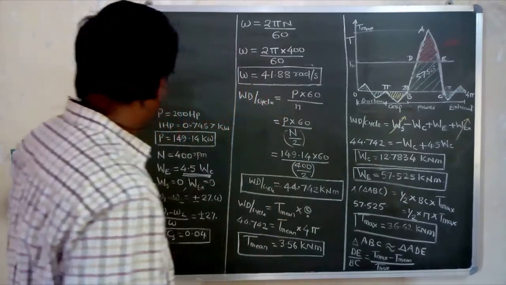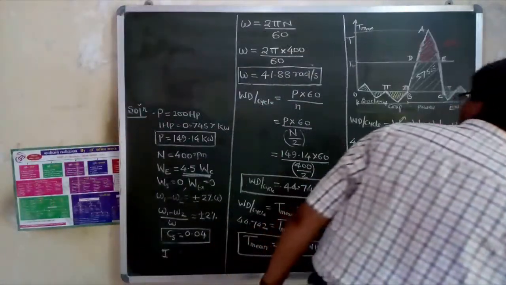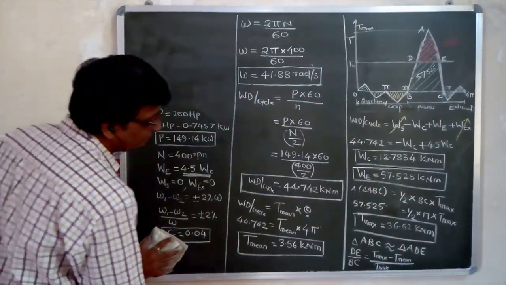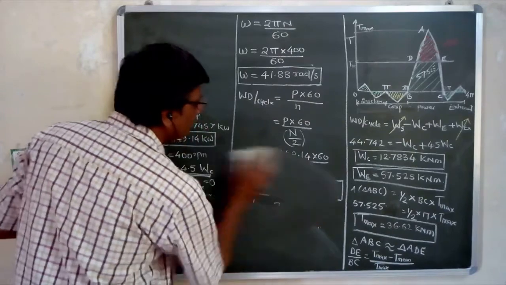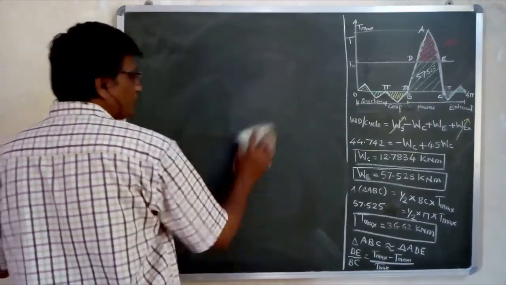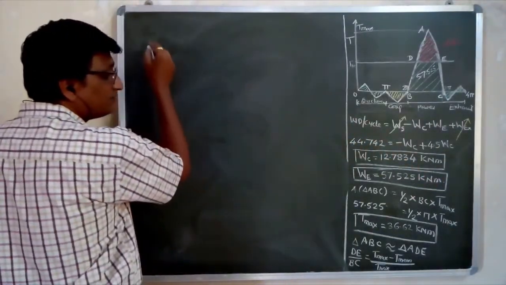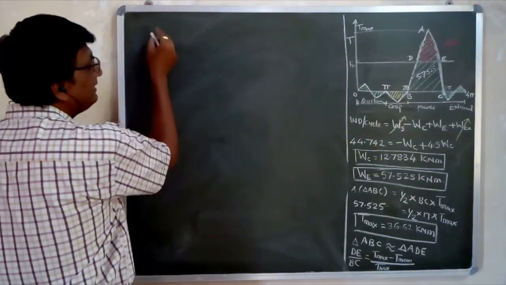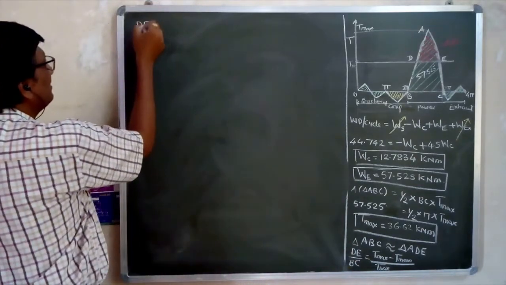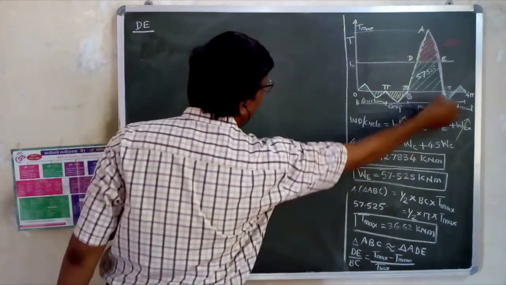So I will use this one. So let us do that. DE, I want to calculate. So DE upon what is BC? BC is this one, that is pi.